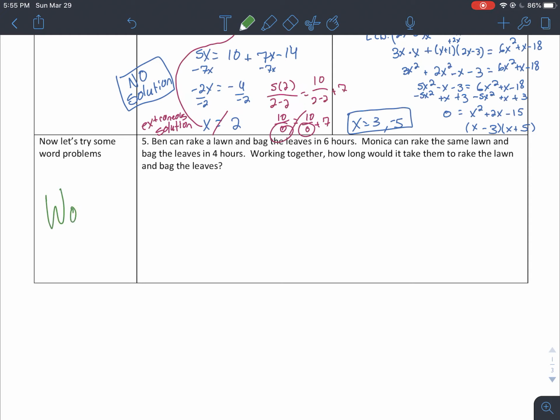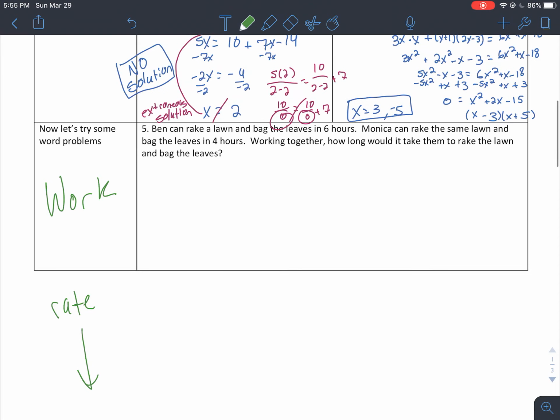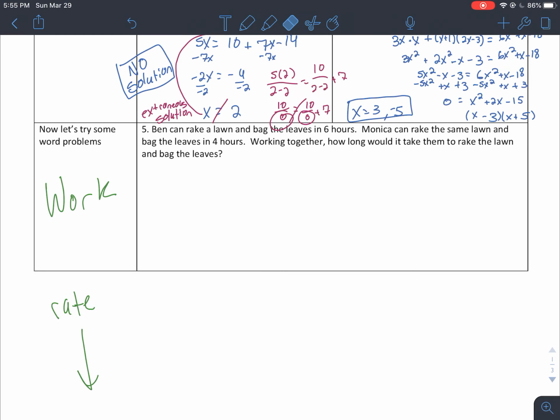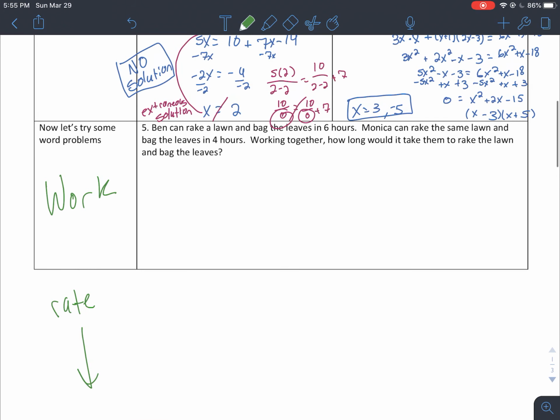So there's 2 types of word problems we're going to see. There's work problems, and then there's also these problems that are called rate problems. The rate problems are going to be down here on the second page. This one is a work problem. We're talking about raking a lawn. That would be a work or something to get done.